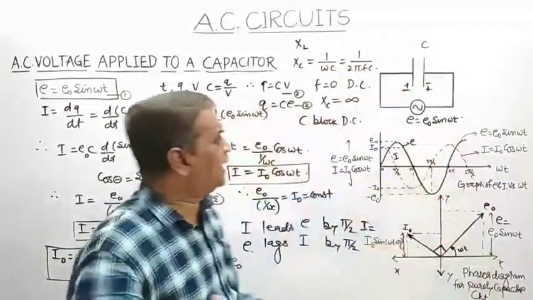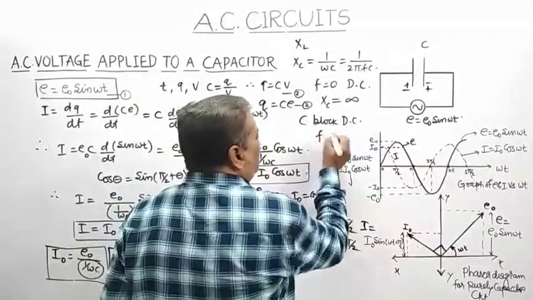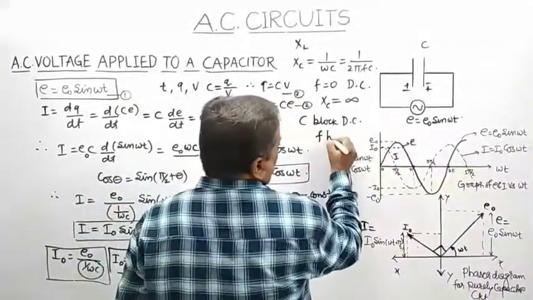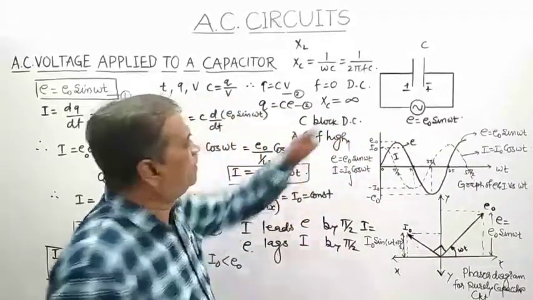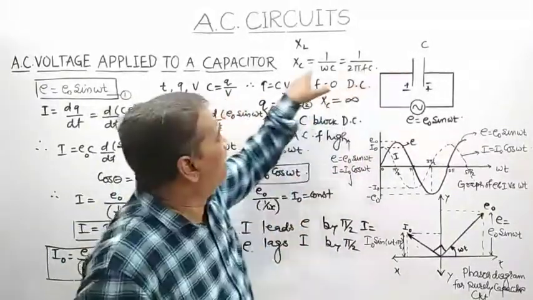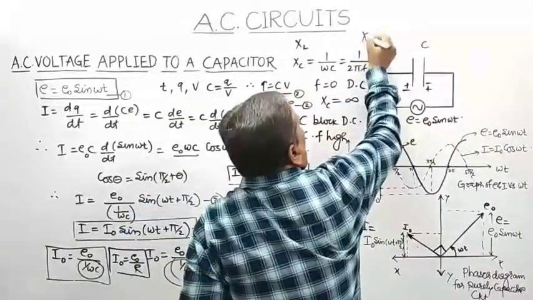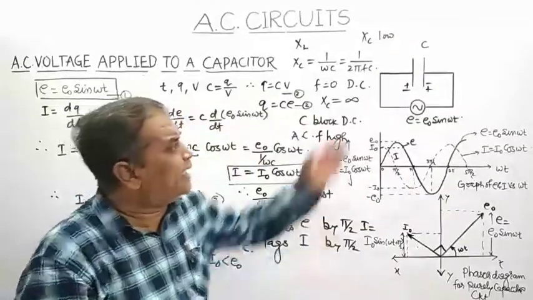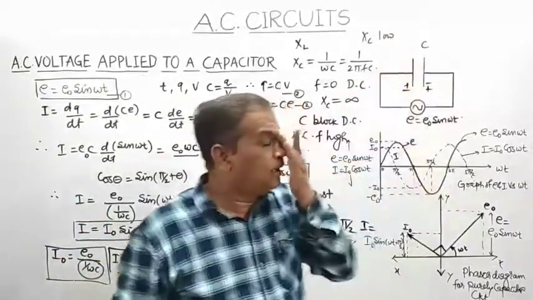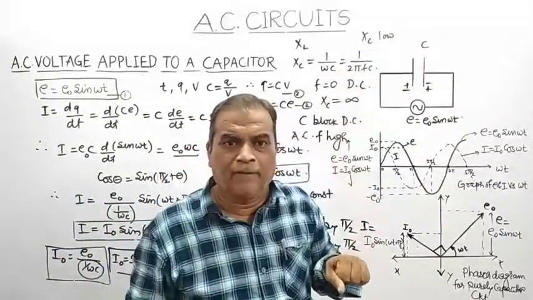But if we use AC of high frequency, f is high, which means Xc is very, very low. So a capacitor allows the flow of AC, but it will block DC.